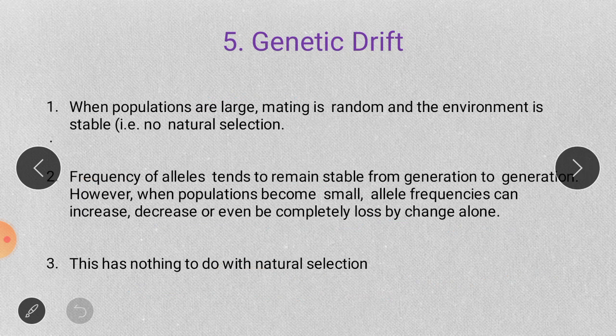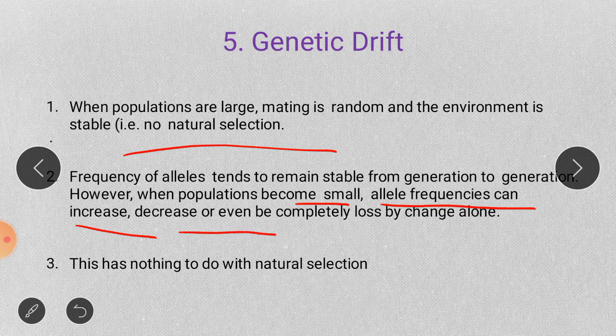So when populations are large, mating is random, and the environment is stable, in that case natural selection will not operate. So here we will get a stable allelic frequency from generation to generation. But if your populations are small, allele frequencies can increase, decrease, or even be completely lost by chance alone.